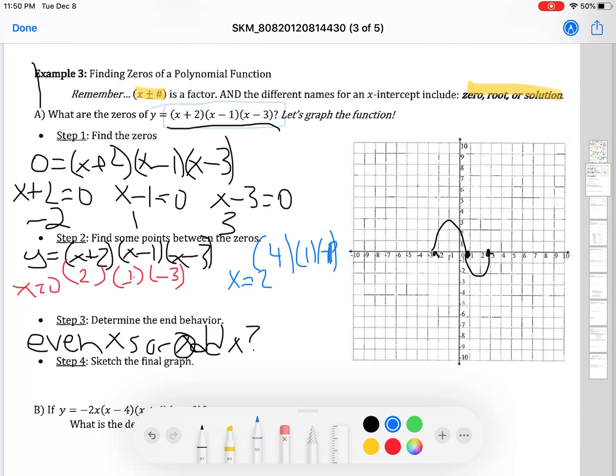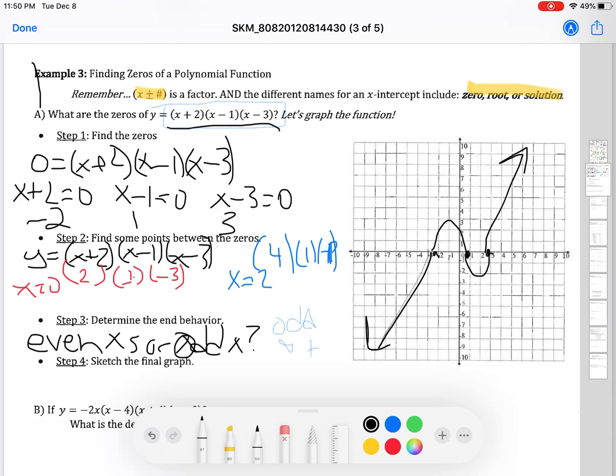And so if I were to distribute that, that would be x to the third. So it's odd, and it would be positive x to the third. So my end behavior is odd and positive. So if you recall, that was a down on this side, a down on this side, and an up on that side. So that's kind of a rough sketch there.